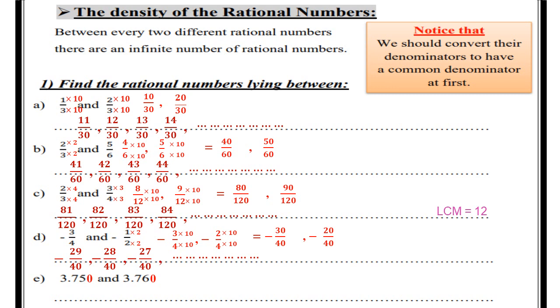Now, the rational numbers lying between 3 and 750 thousandths and 3 and 760 thousandths will be 3 and 751 thousandths, 3 and 752 thousandths, 3 and 753 thousandths, and so on.